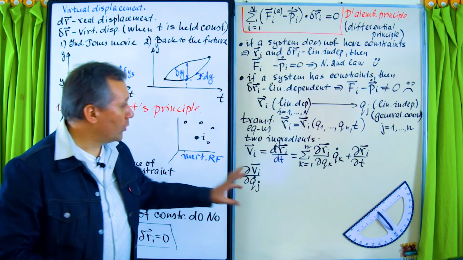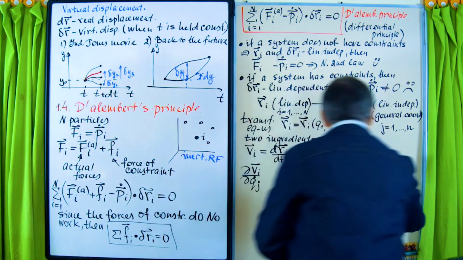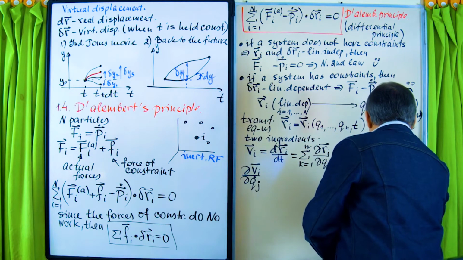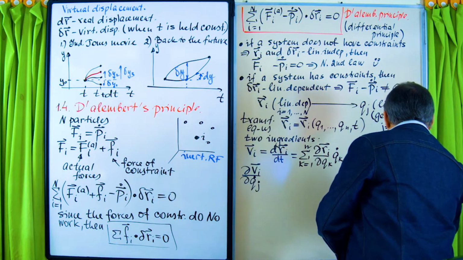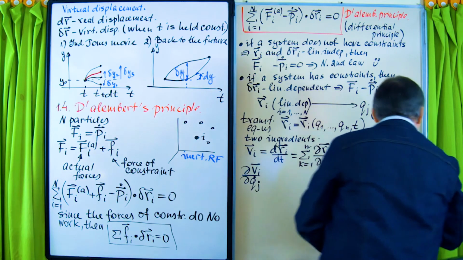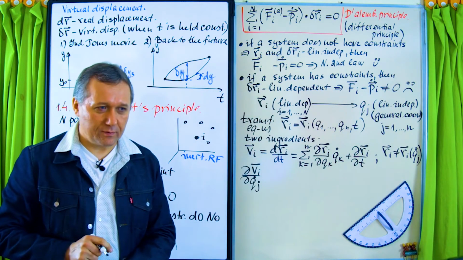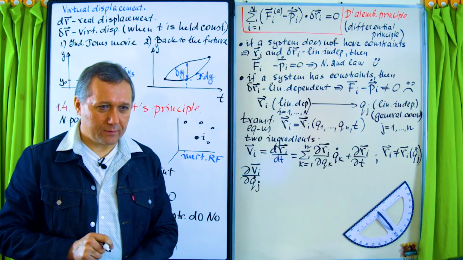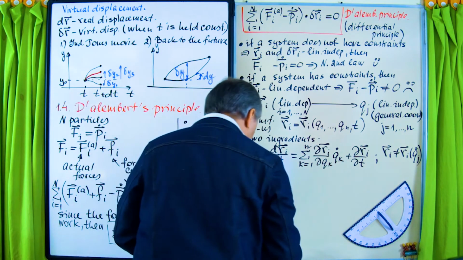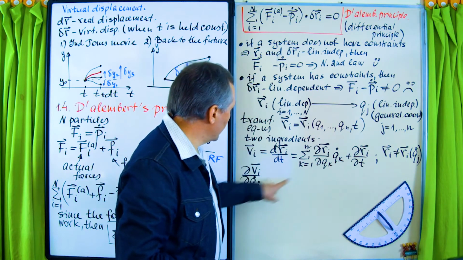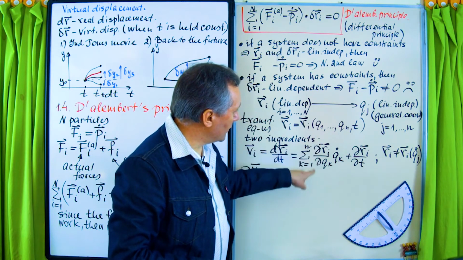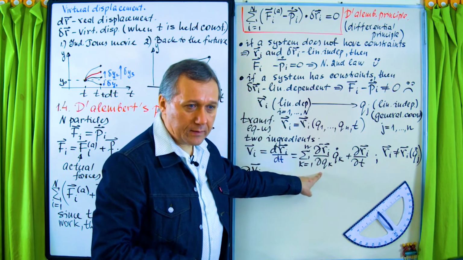Then we also need to remember that r_i is not a function of generalized velocities. So if you differentiate this with respect to q_j dot, these factors are not going to give us anything.